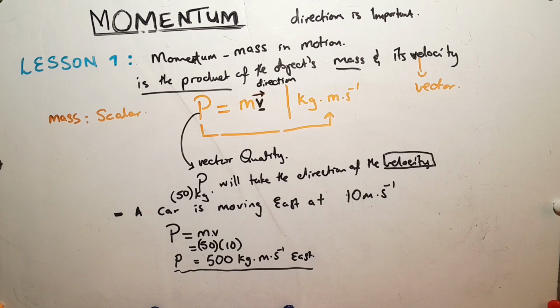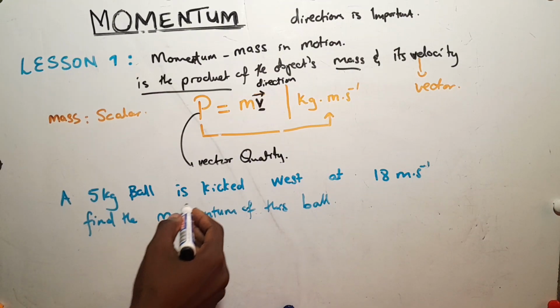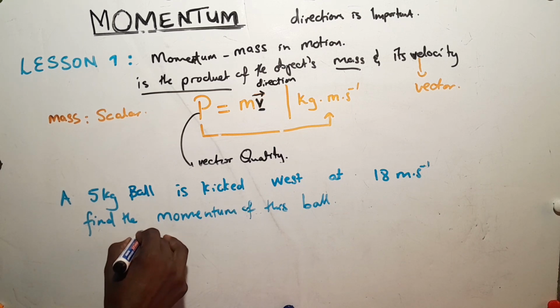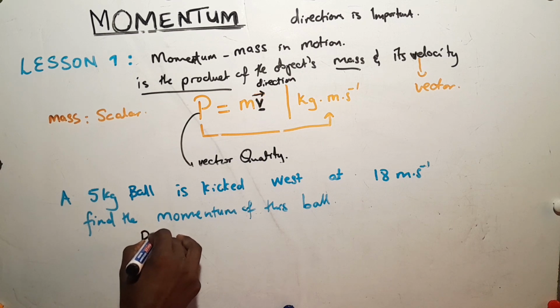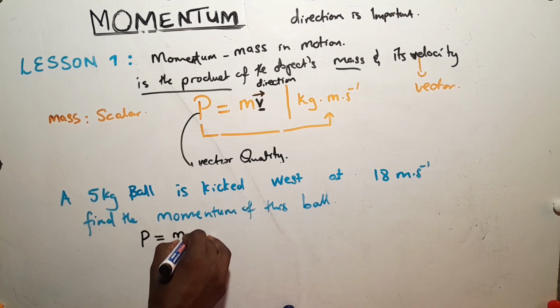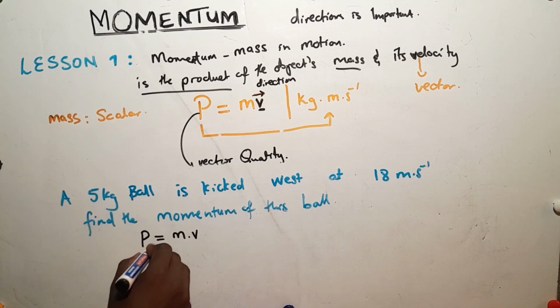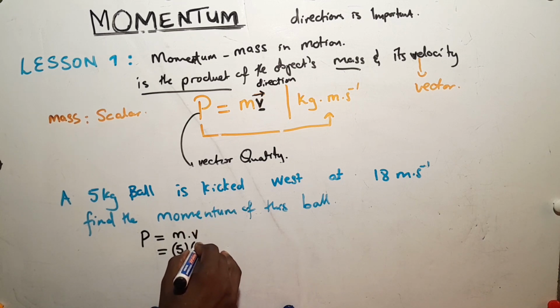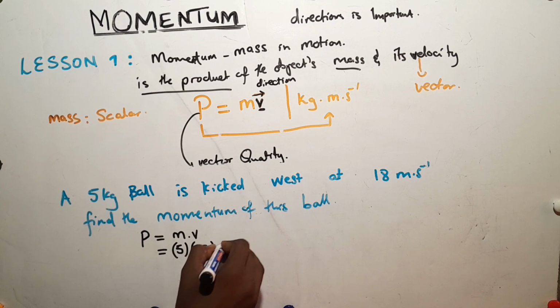Let's take another example before we move to the core importance of this topic. A 5 kg ball is kicked west at 18 meters per second. Find the momentum of this ball. You write your formula down: momentum equals mass multiplied by velocity. The mass is 5 kg and the velocity is 18 meters per second west.